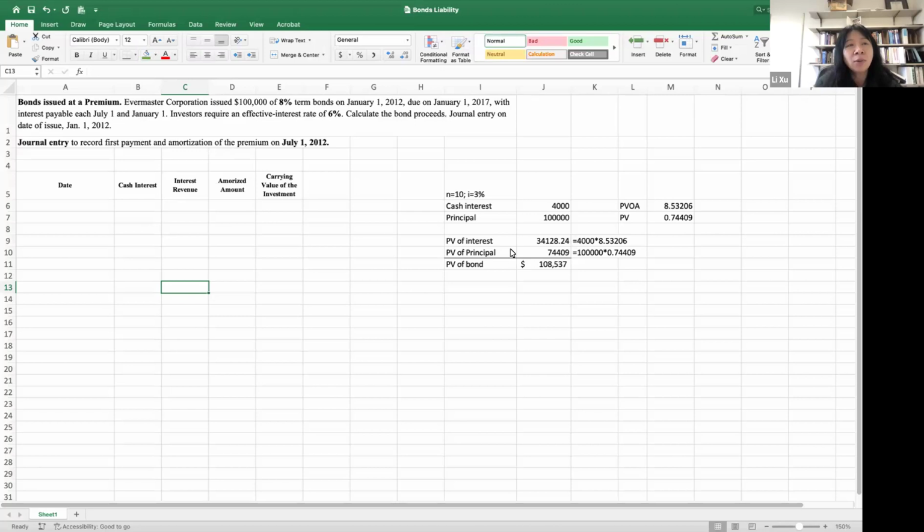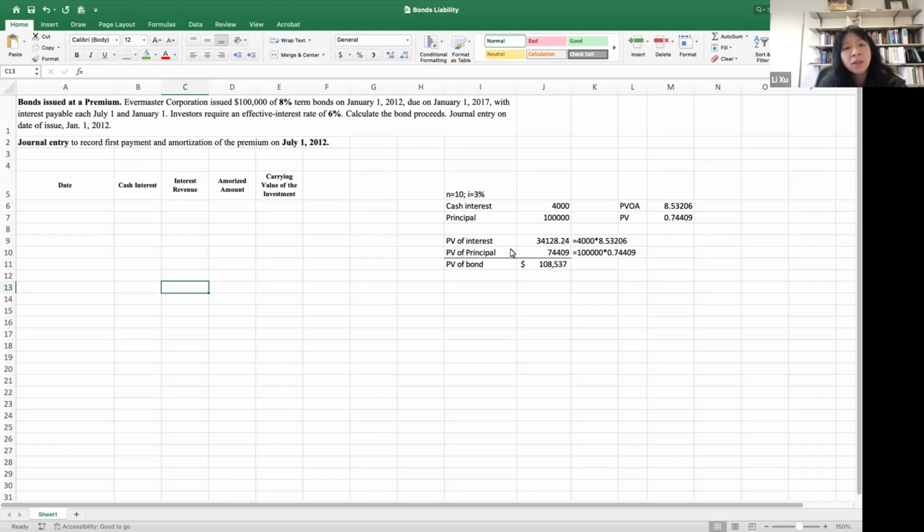And again, I wanted to really emphasize this. 8% is the stated rate, which is decided by the company issuing the bond. This 8% reflects the preference, how the company likes to construct their cash flow structure, but it has nothing to do with the actual interest rate the company is paying for borrowing.